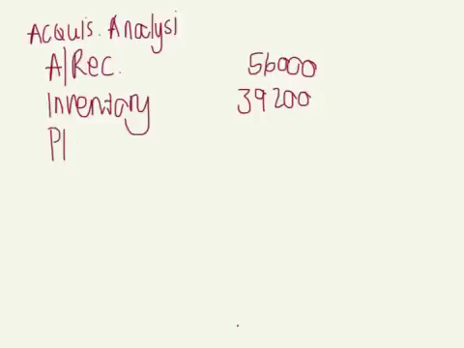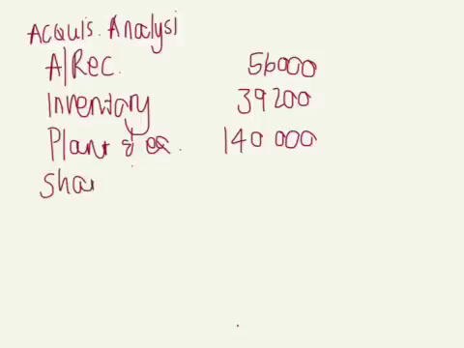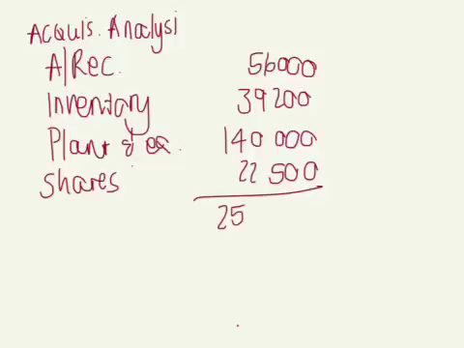Plant and equipment, fair value given as $140,000. And then the shares in Sefton, 22,500, also given in the additional information. Okay, so that is the net fair value of the identifiable assets and liabilities acquired.